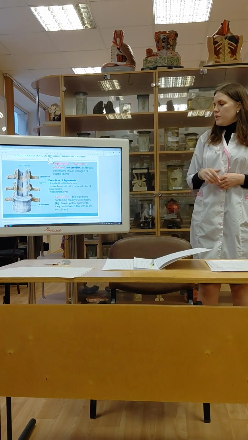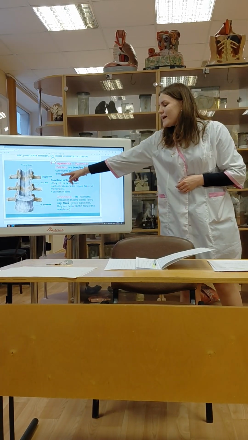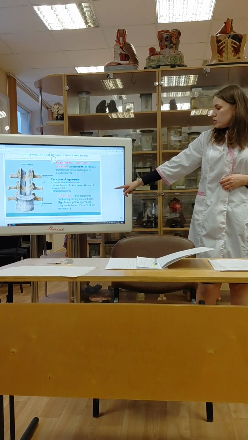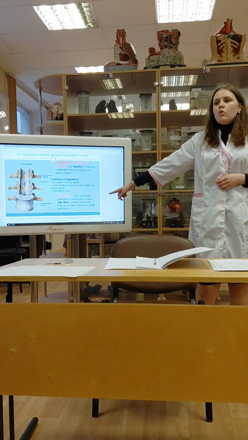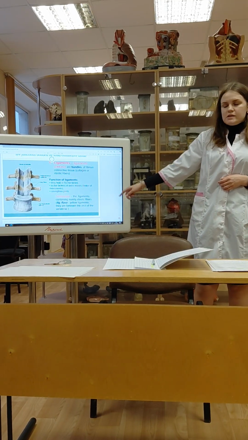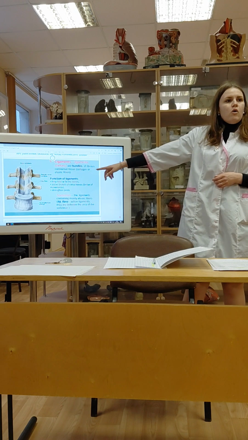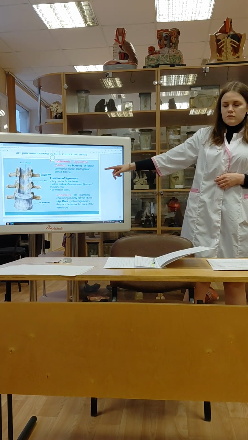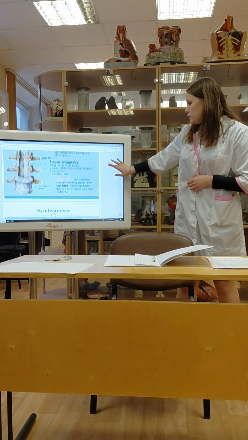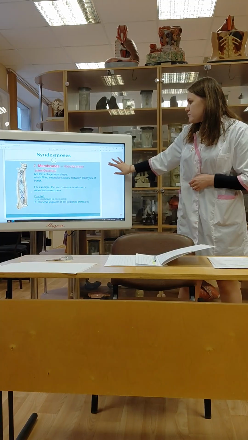One example of a ligament is the ligamentum flavum. It is called flavum because it has yellow pigment, yellow ligaments. Ligamentum flavum is located between the arches of the vertebrae.